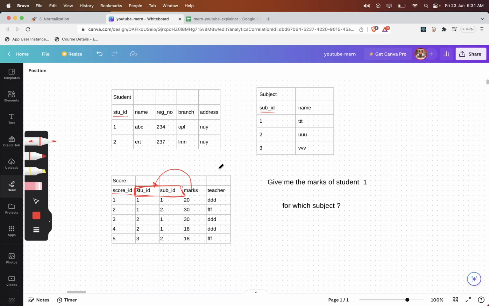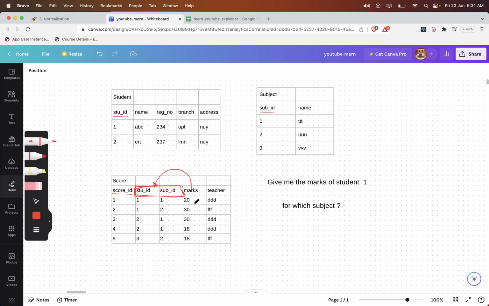Let's consider another scenario now. I want to get the teacher for a particular subject. So what you will say is, give me the teacher for subject 1. Teacher and subject can be associated.